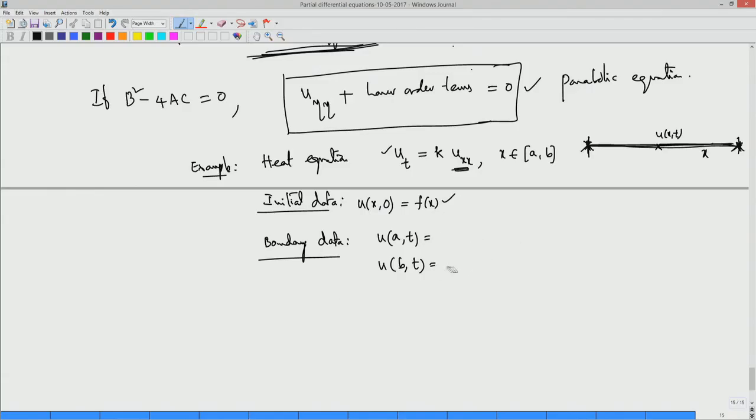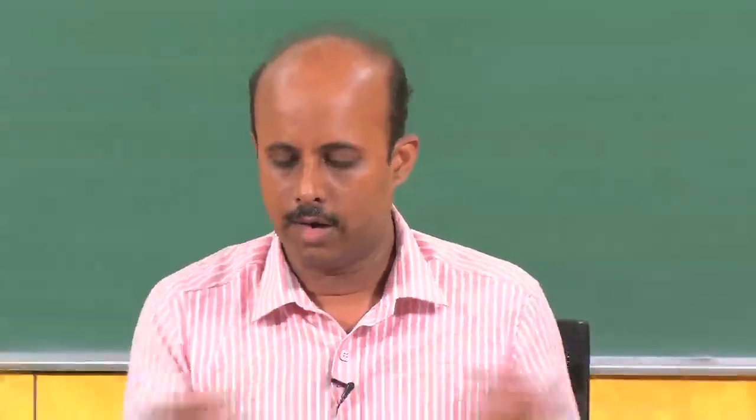Physically, you can maintain 0 temperature here and here. Or you can say that you insulate these ends. Initially, you have some temperature of the rod, and the rod is insulated under the assumption that the rod is uniform and the heat is going only in one direction.